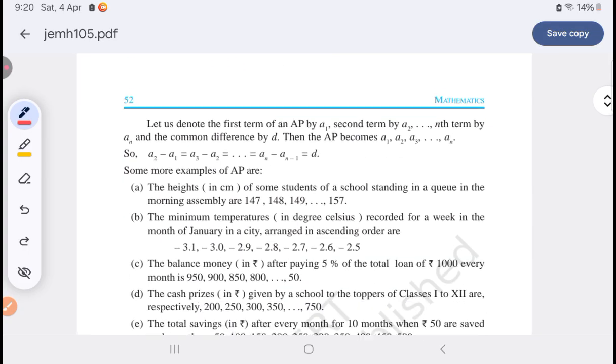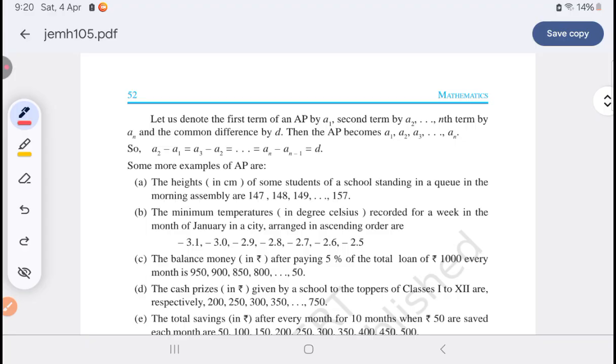So, the standard form of an arithmetic progression: let us denote the first number a1, second number a2, and so on, the nth term by an, and the common difference by d. Then the AP becomes a1, a2, a3, and so on.